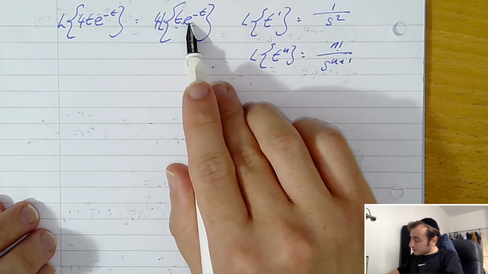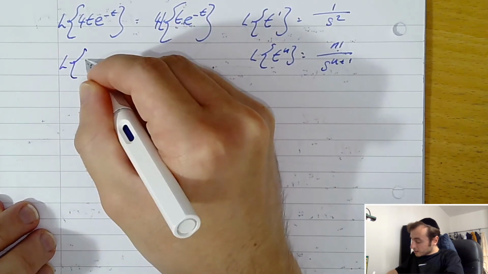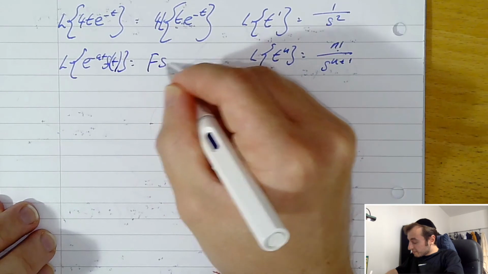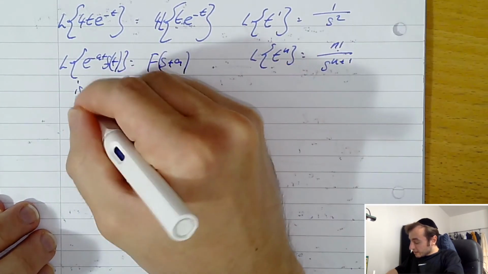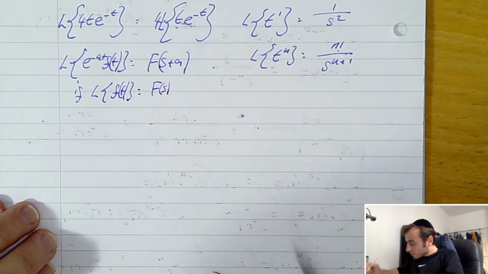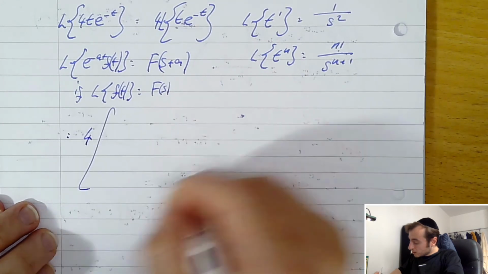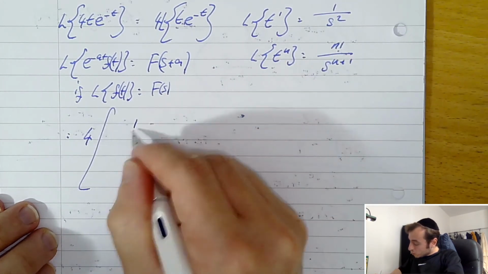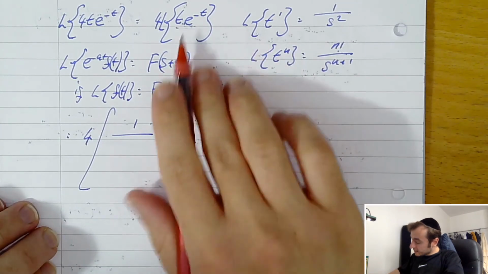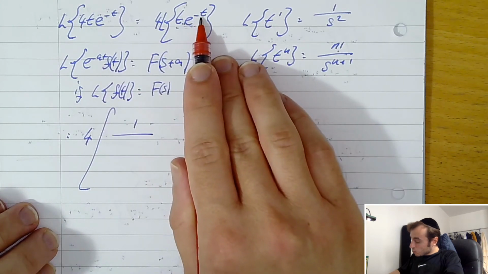Second step is that we've got a first shift theorem going on here, e to the minus t. Again, let's write it out. Laplace of e to the minus at f of t equals f of s plus a if the Laplace transform of f of t equals f of s. So we can then say that this whole answer is going to be 4 times 1 on s squared. Well, s is going to be 1, isn't it, here? Because e to the minus at, a in this case is 1.